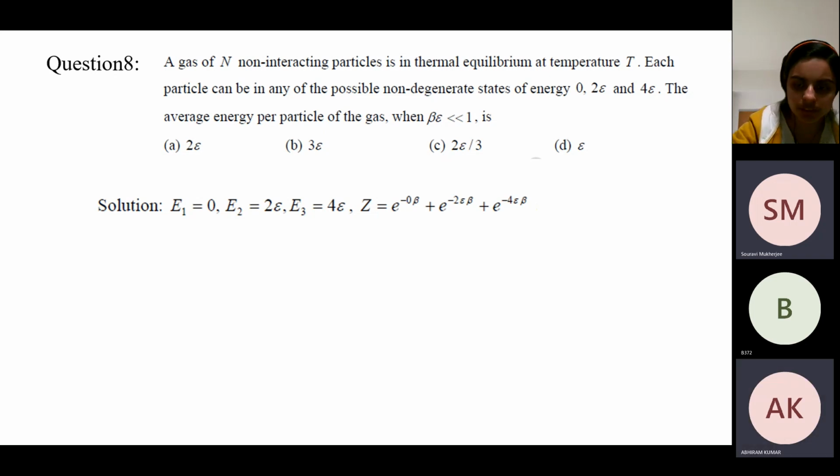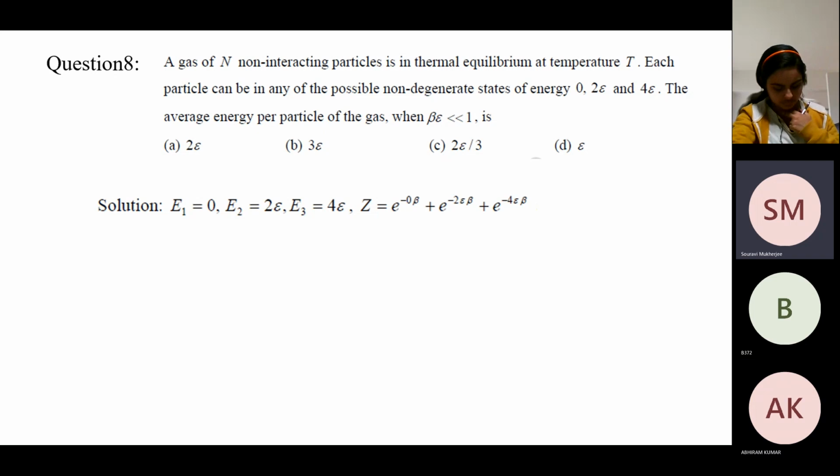I guess you have to do some simplifications. I think the denominator term goes to the partition function.